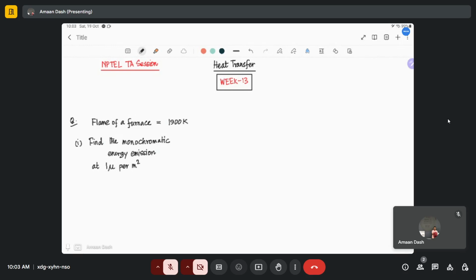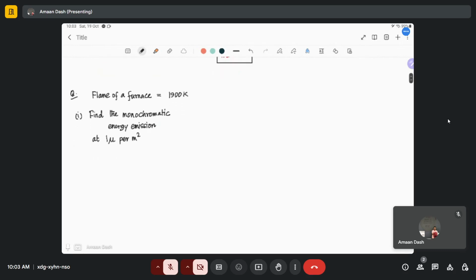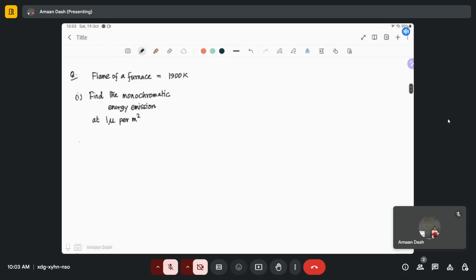You can give it a try. I think you can directly use the formula to get the solution. Let me write all the bits first. The second bit is you have to find the maximum lambda, that is lambda max.